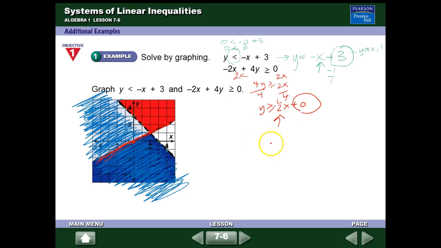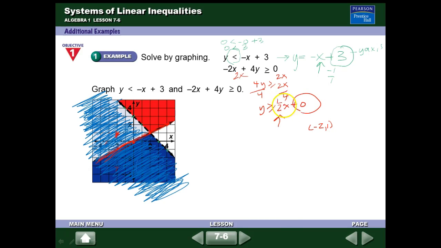Plug in my points to figure out which way I shade. Usually I like to plug in 0, 0. However, this goes through 0, 0, so I cannot pick that. So pick a different point. I'm going to pick right here, -2, 1. Okay, so I've got to decide if I'm shading on this side of the line or this side. So let's test -2, 1.